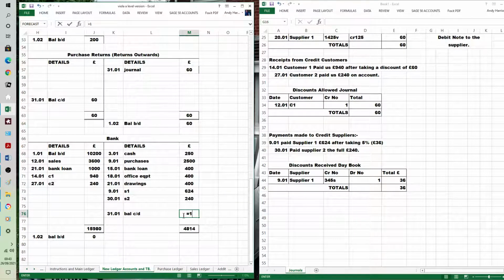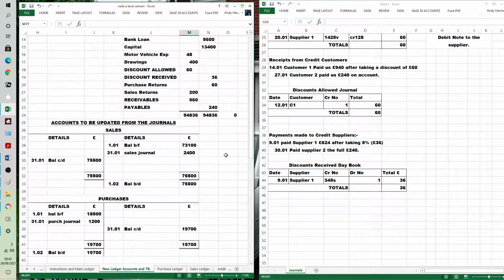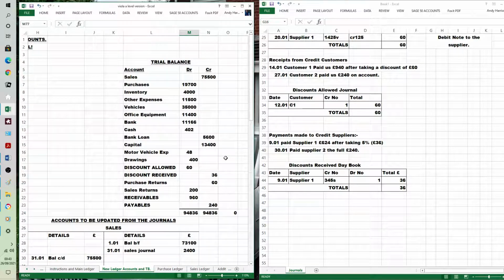Bigger side minus the smaller side. 11166, and there we are, our trial balance completed.